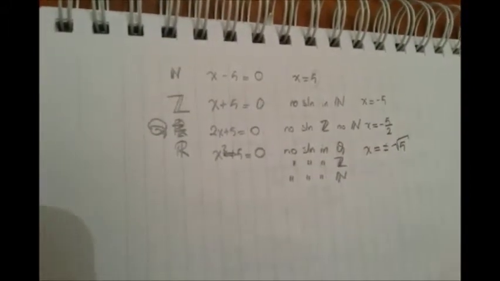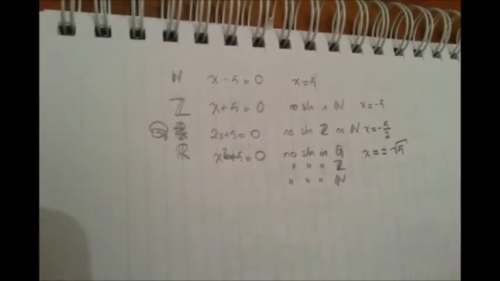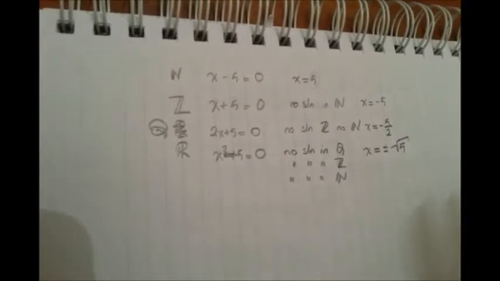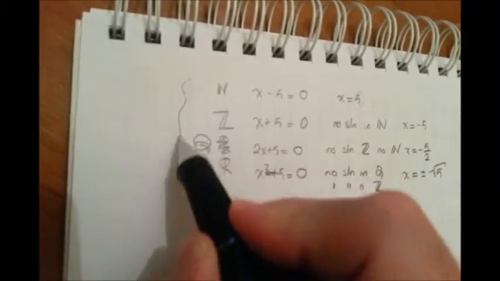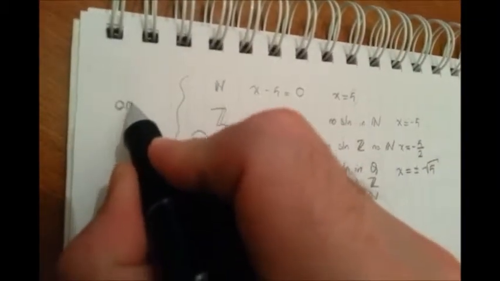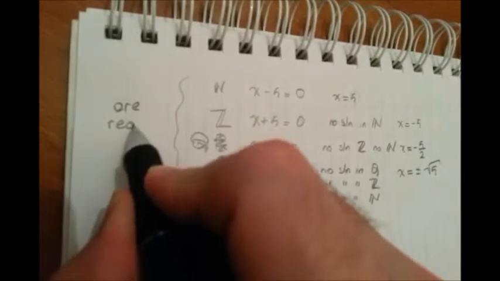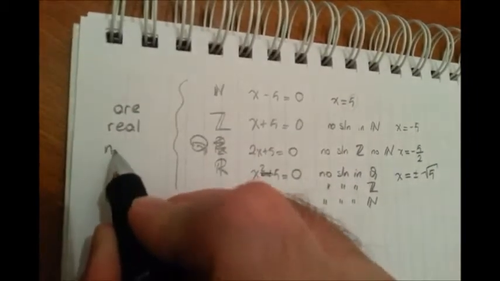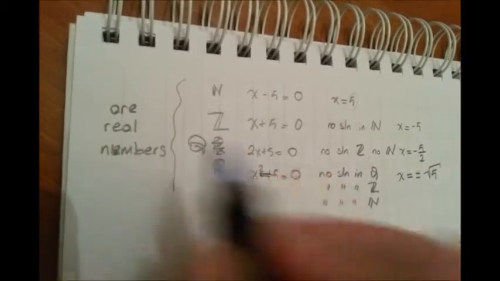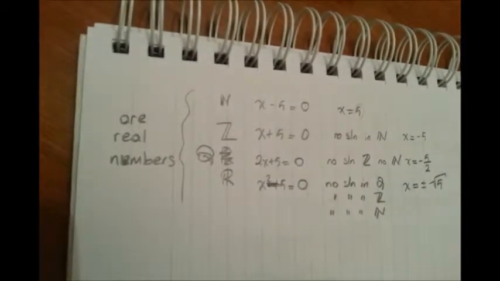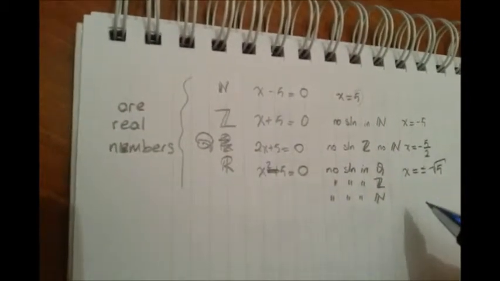So these are the real numbers. Up to now, the numbers we know to this point, all of them are real numbers. And there are some irrational numbers as well.